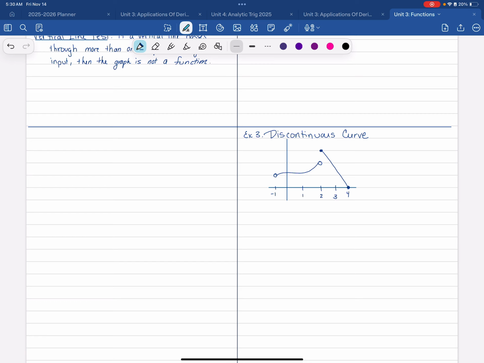And I just want to remind you that when we were doing inequalities, we had a closed circle and we had an open circle. A closed circle meant that we included that value, and our open circle meant that we included every number up until that value, but we didn't include that exact value.